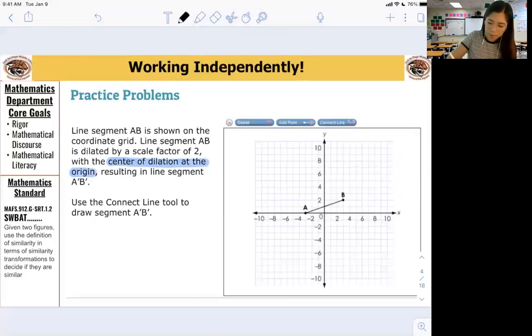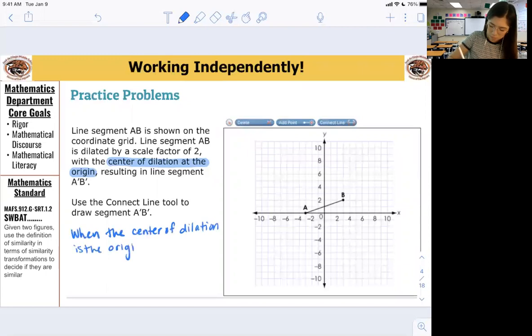Now, this is something I want to be very clear about, and we can write this down, okay? When the center of dilation is the origin, only when it's the origin. If it's any other point, this is not going to be true.